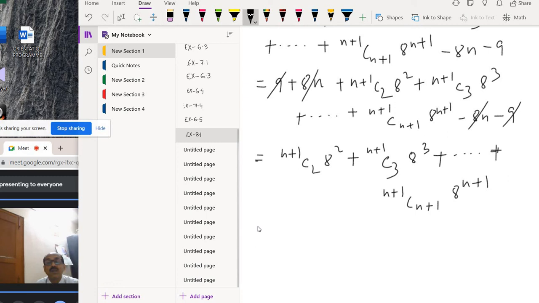Now take 8 square common. 8 square means 64.